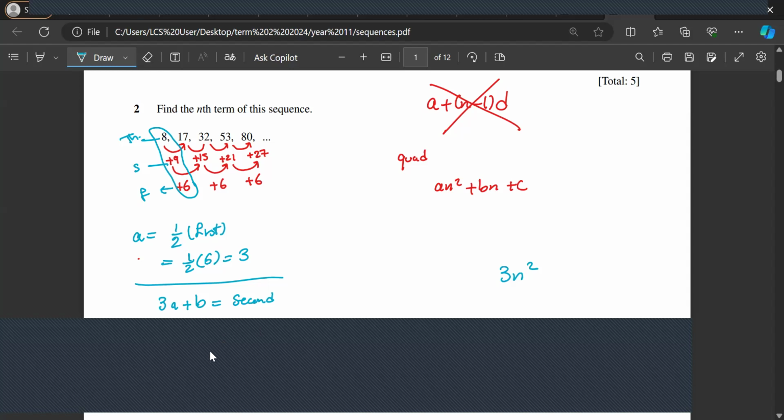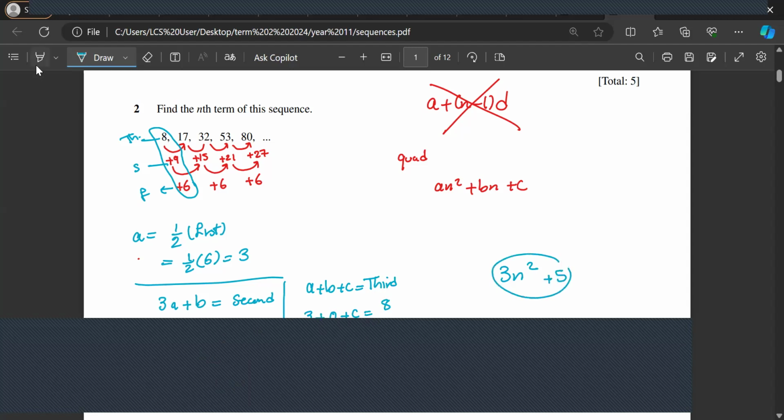So 9 + B equals 9, so B equals 0. So there is no term of n. Then the third part, which is A + B + C equals the third number, which is 8. So I have here 3 and 0 + C equals 8. So from here, C equals 5, so plus 5.